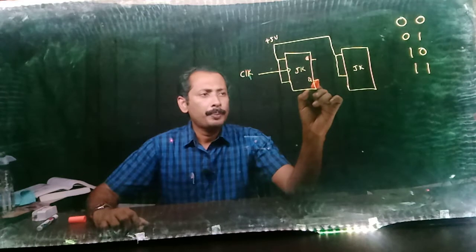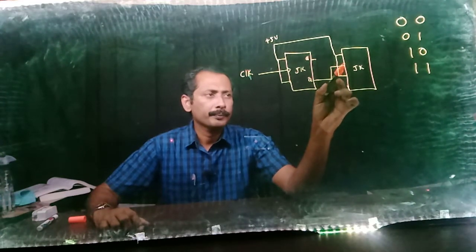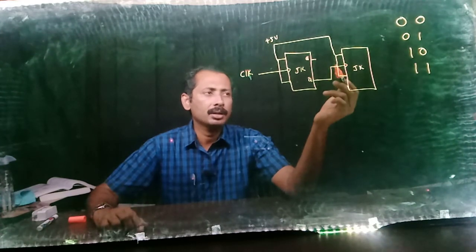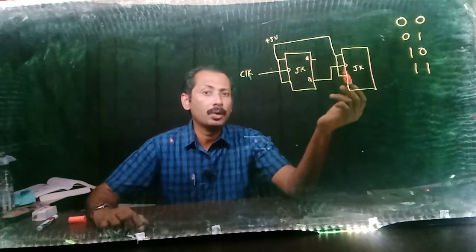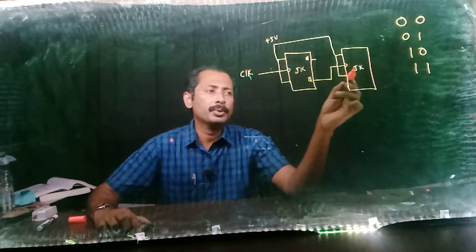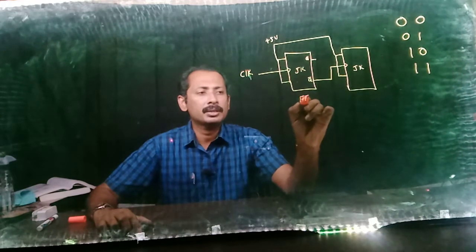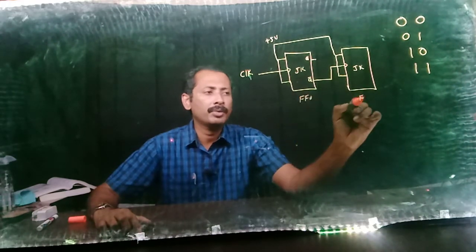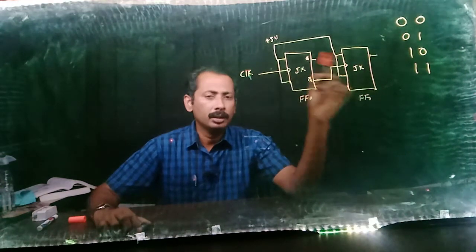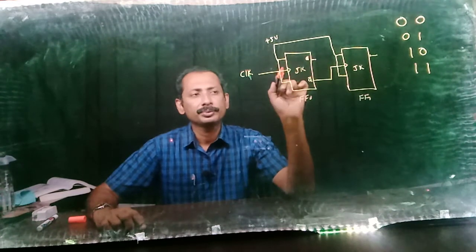So I am applying this Q bar to the clock input of the second JK, and these are labeled as flip-flop 0 and flip-flop 1. And this circuit can be used as a 2-bit counter.